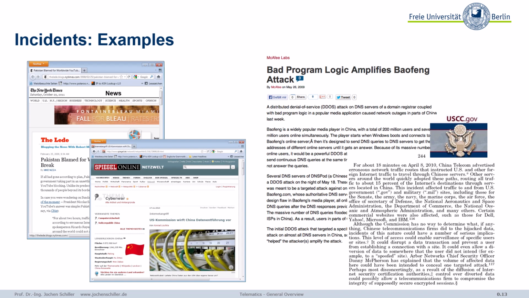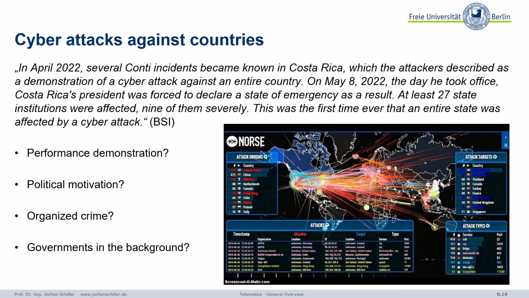So this course is not mainly focusing on security issues, but we will touch on it from time to time, because you cannot discuss networking without discussing security of the network. Just one example, April 2022, there were certain incidents done by the Conti Group.